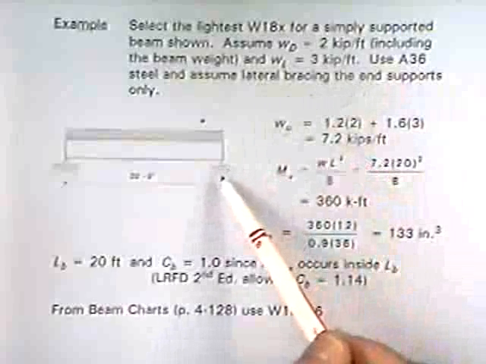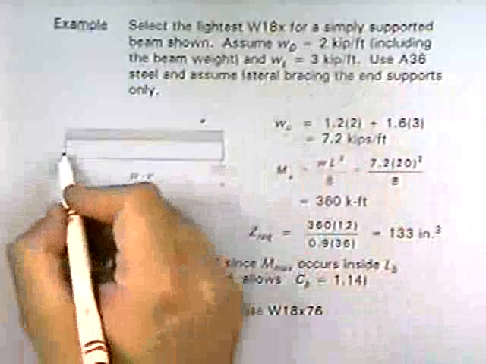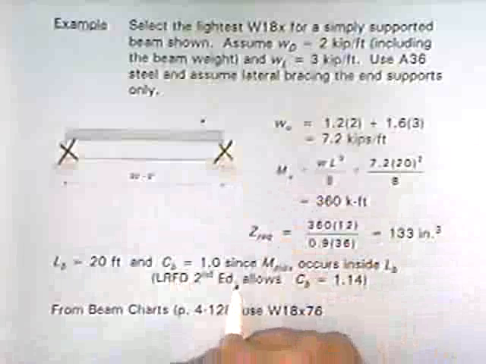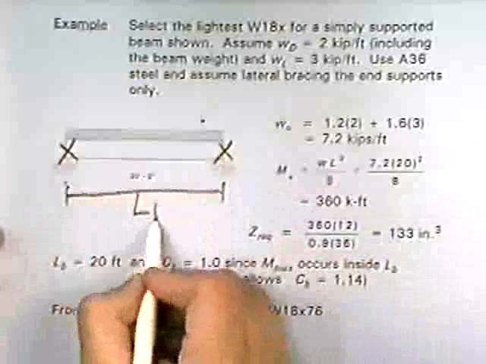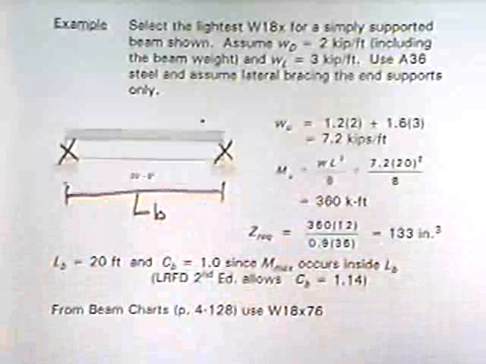Supports will always give you some type of lateral bracing against lateral torsional buckling. But now we only have lateral supports at the ends, so the full length of the beam is equal to L sub B, or L sub B is equal to 20 feet.